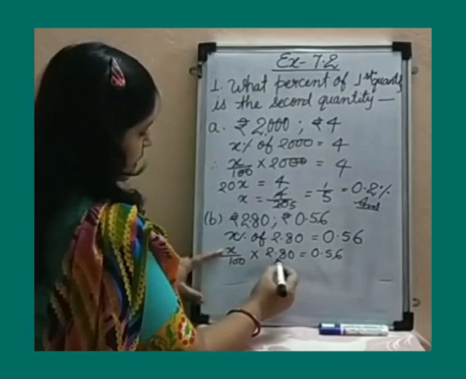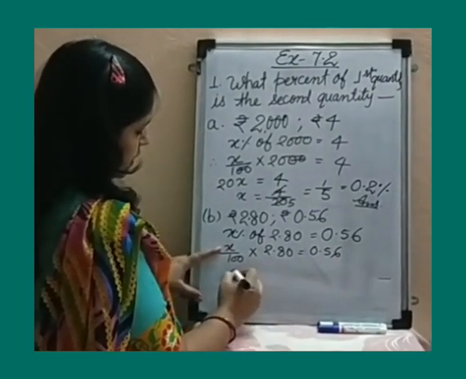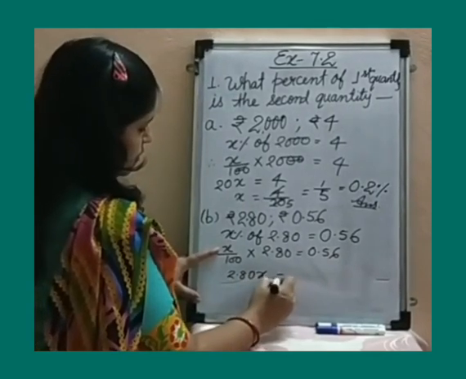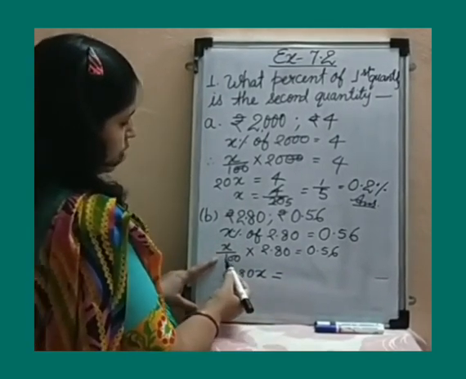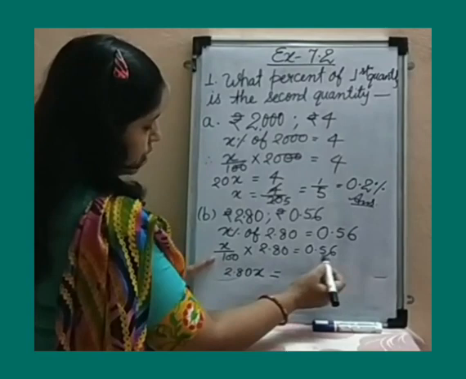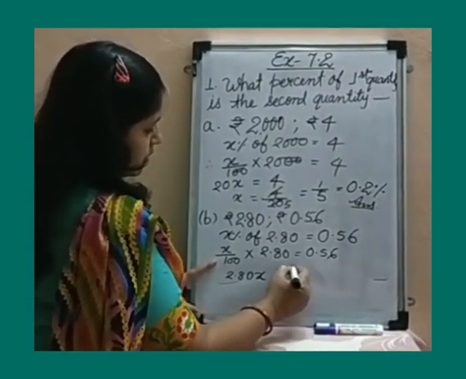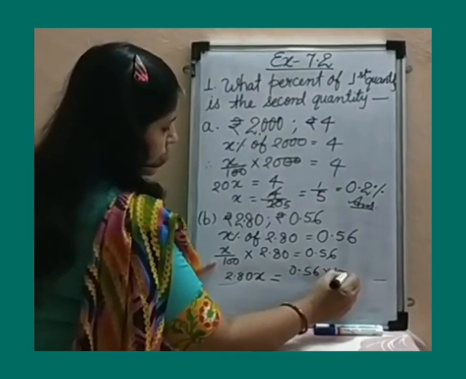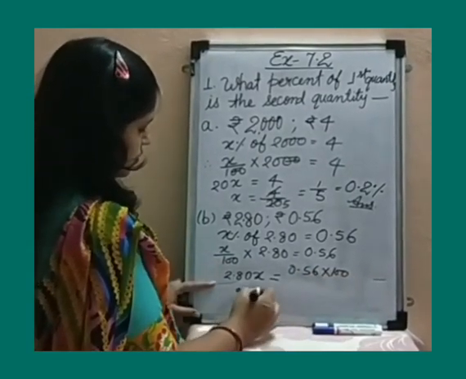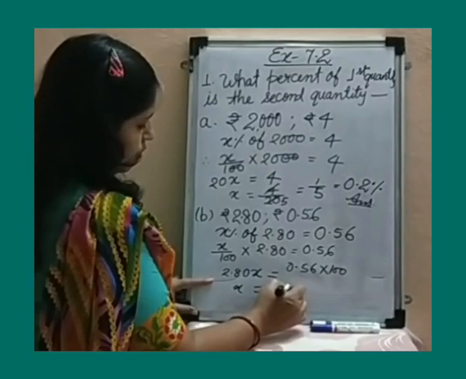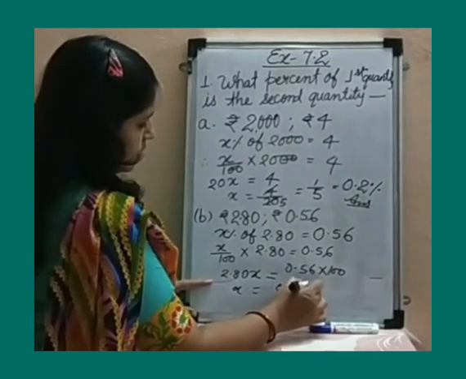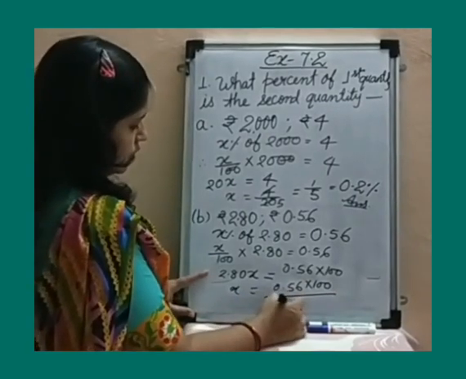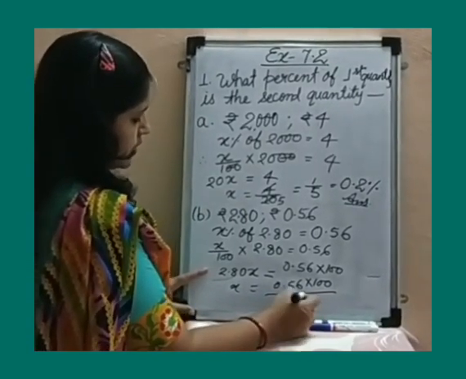So x multiplied by 2.80, it's 2.80x equals, this is in division, I'm going to take it after the equals to, 0.56 into 100. Now x equals 0.56 into 100 upon 2.80.